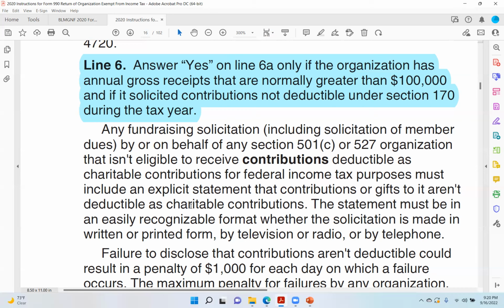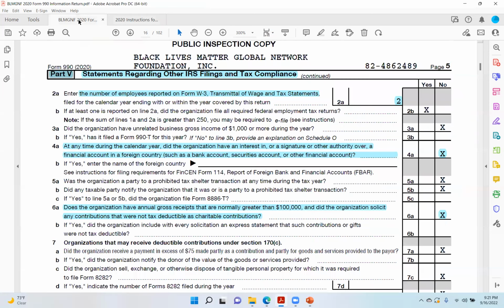Yes, right? So when I go back, I'm confused. Why? Why did they put no there? Maybe the second part of the question makes them feel like they could put no. And did the organization solicit any contributions that were not tax deductible as charitable contributions?